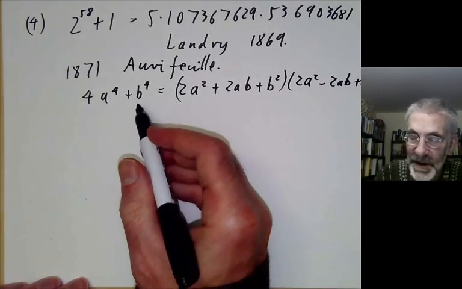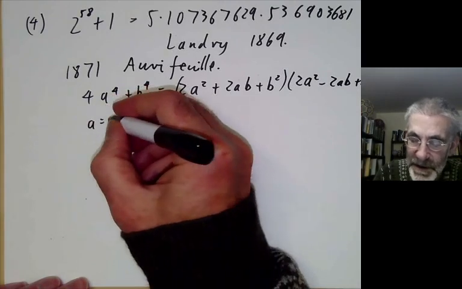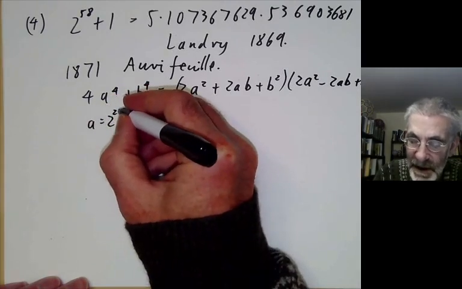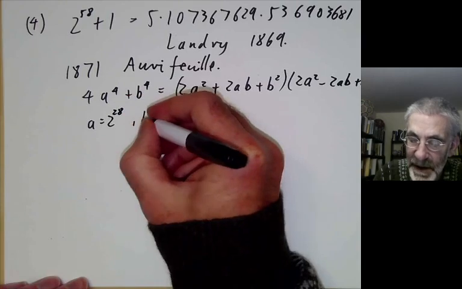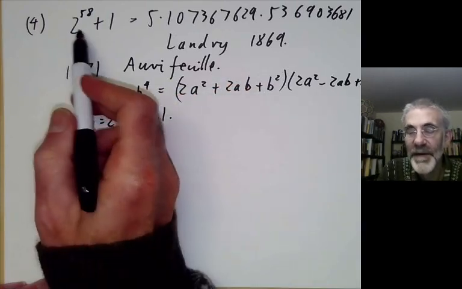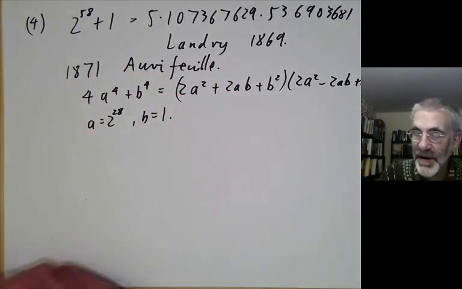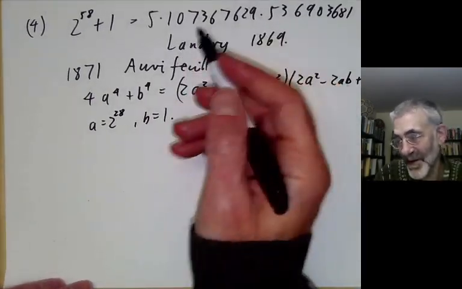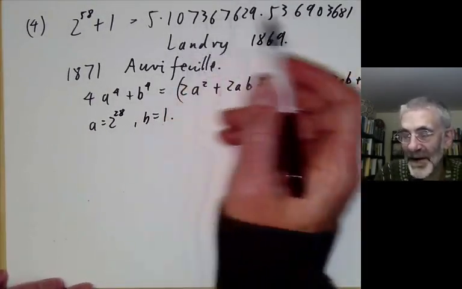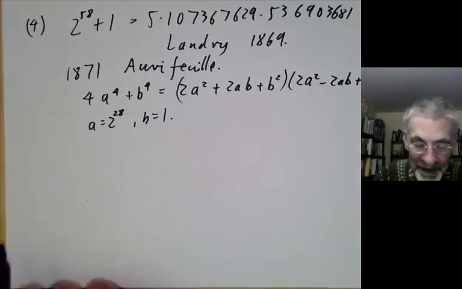And we notice that if we put a equals 2 to the 28 and b equals 1, then we've got a factorization of this number here, which essentially gives this factorization with almost no effort.